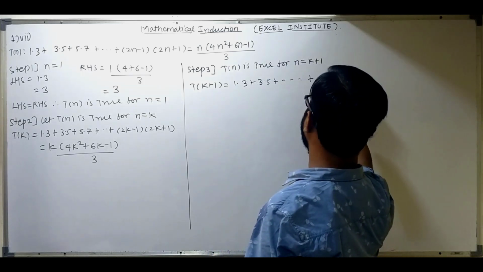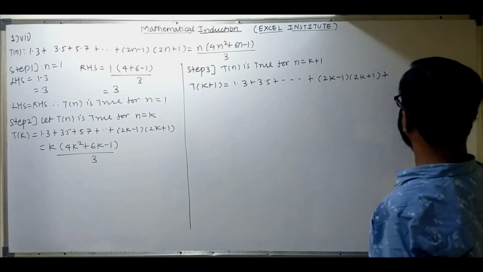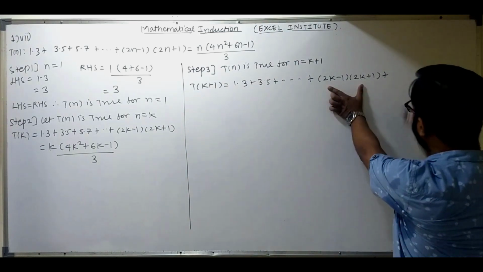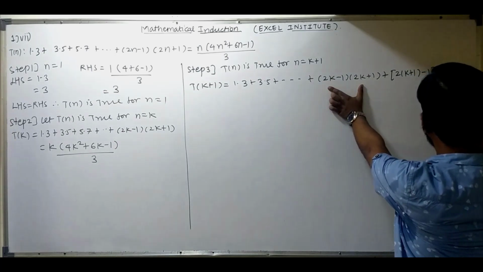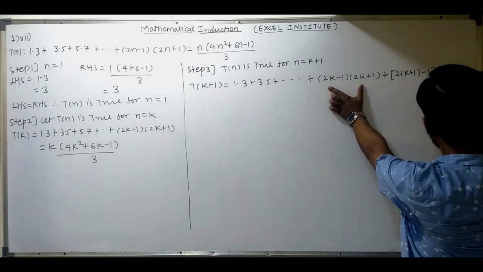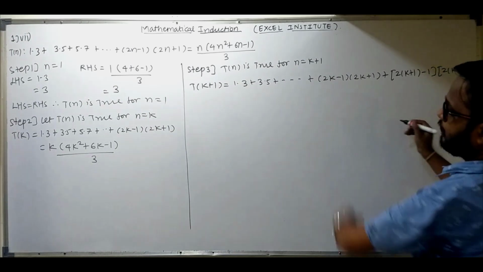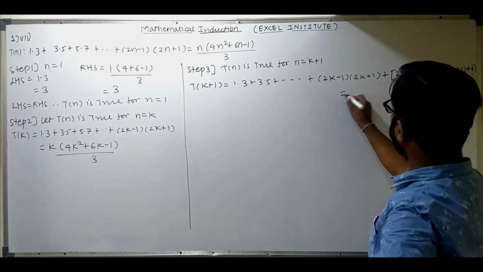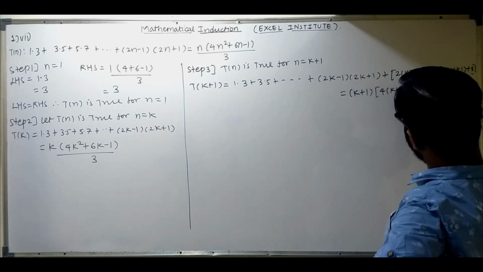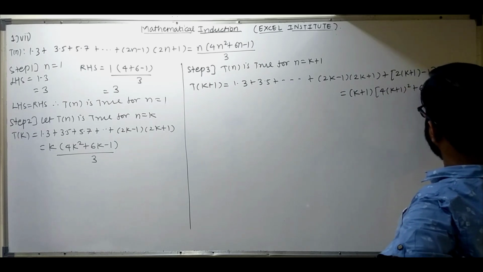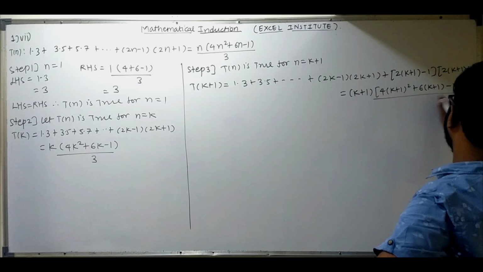The kth term is 2k minus 1, 2k plus 1. But this is the kth term, so what will the k plus first term be? Replace k by k plus 1. Equal to k plus 1 times 4 times k plus 1 whole square plus 6 times k plus 1 minus 1 by 3.